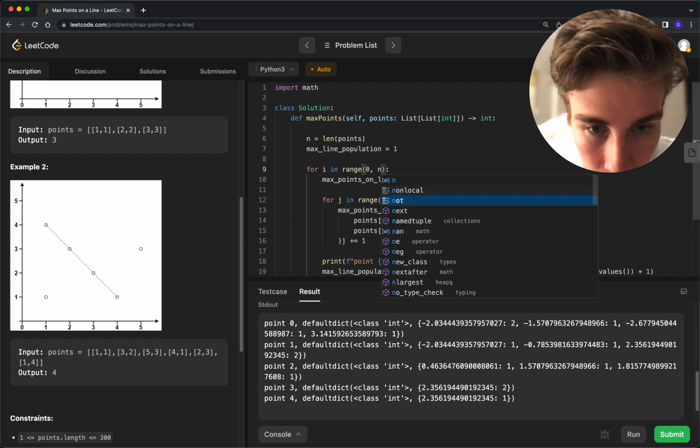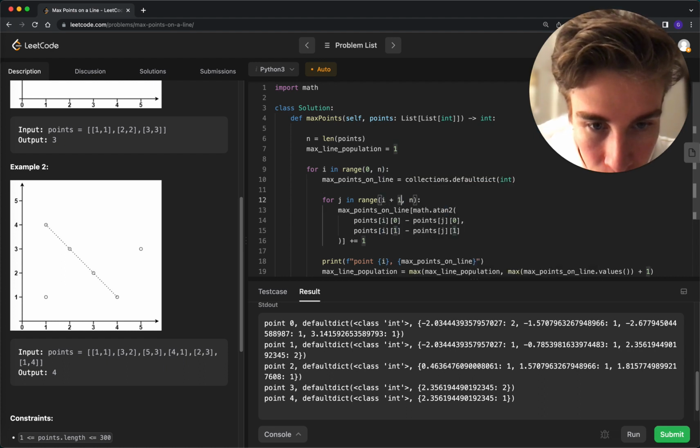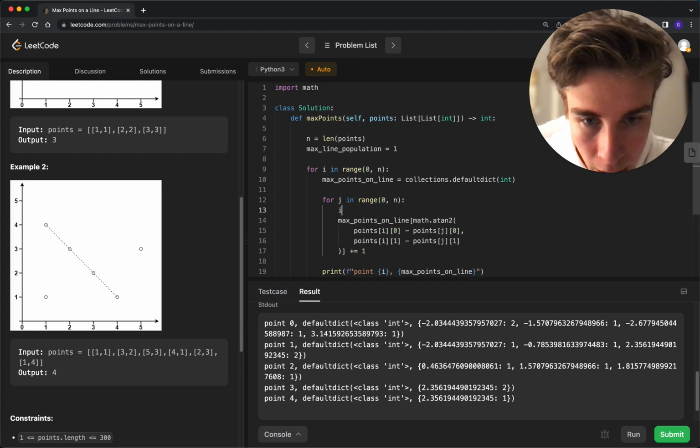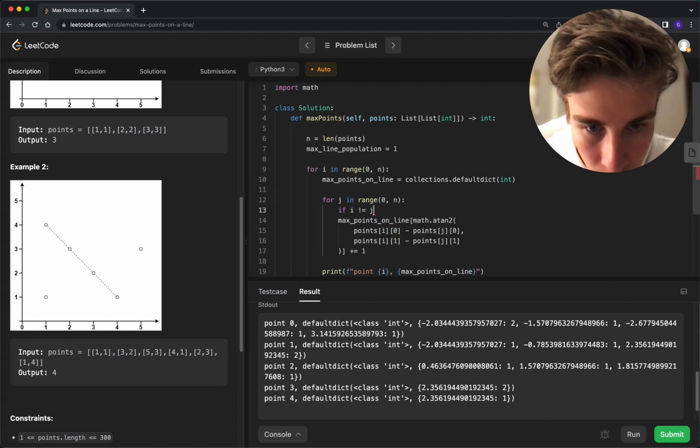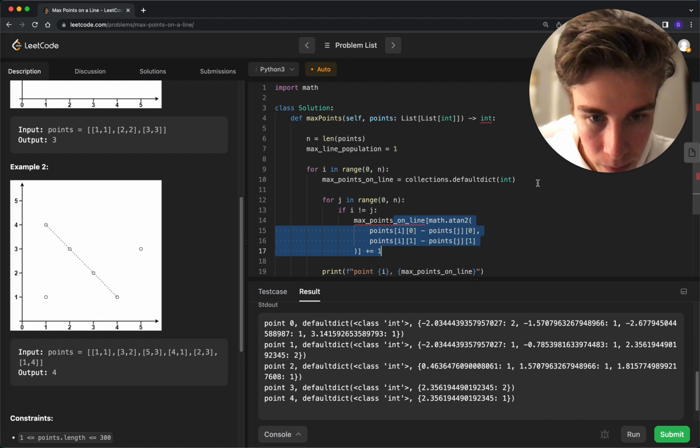This is how it's going to work. I, J, I, also. And if I does not equal J, then do the following. That was my mistake.